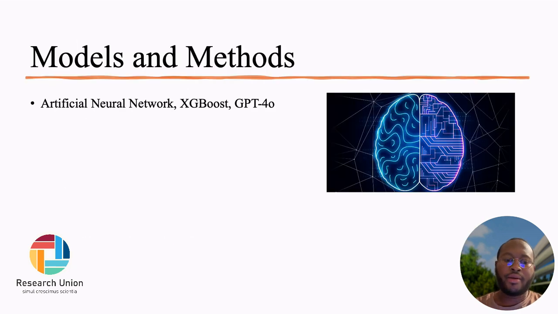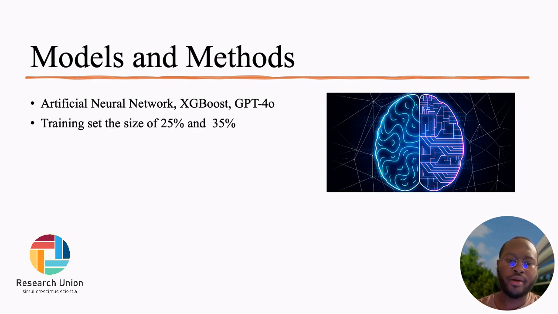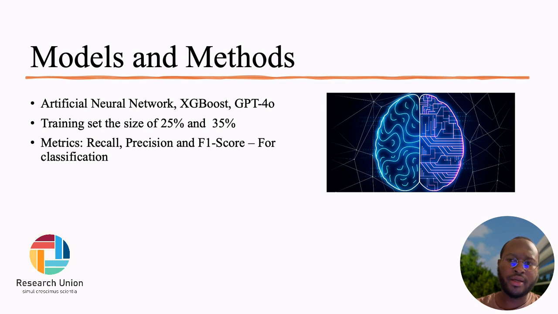I experimented with a neural network, an XGBoost model, and then GPT-4o from OpenAI. And GPT-4o here is the generative model that we'll be using. For each dataset, I trained the model on 25% of the dataset and 35% of the dataset.